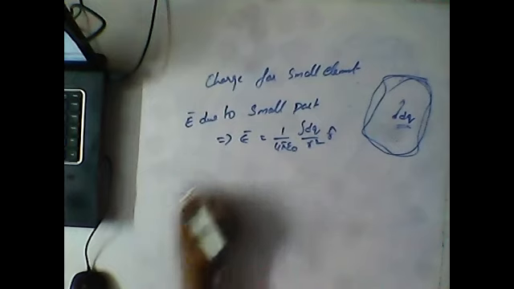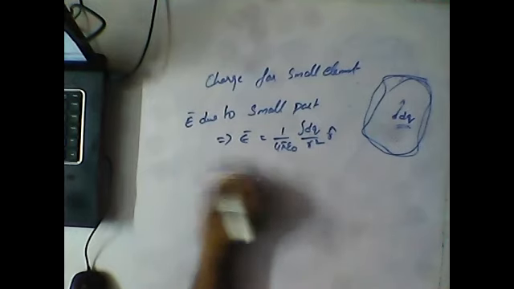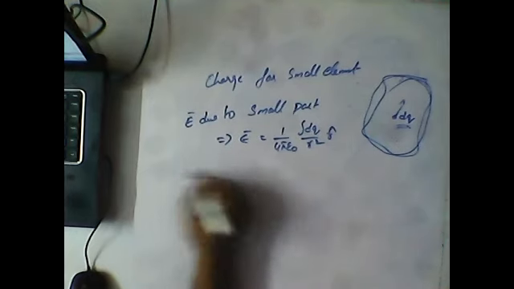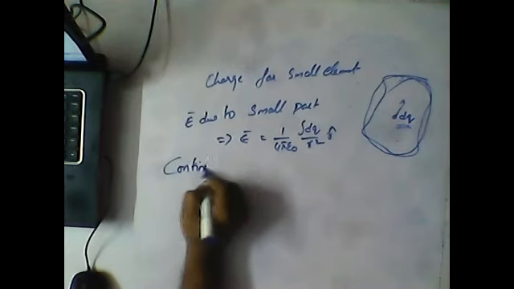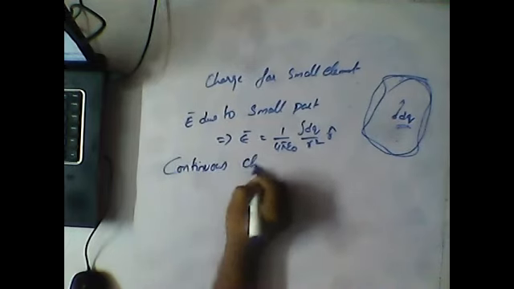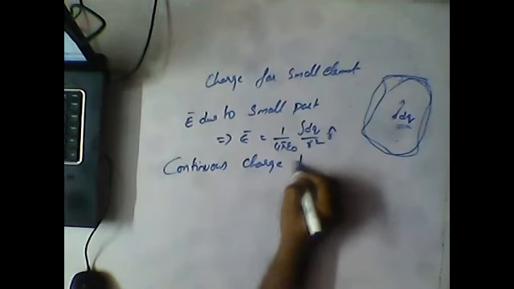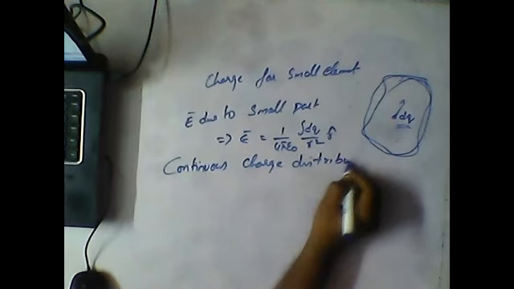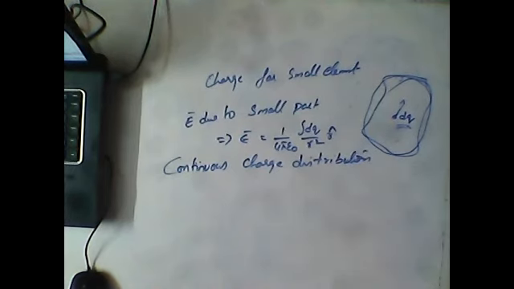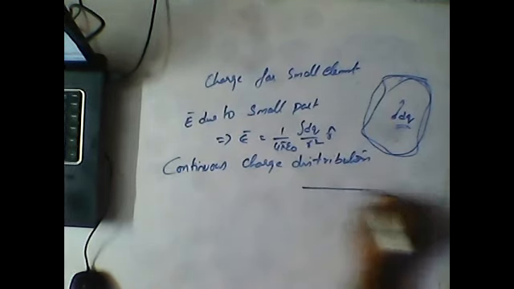Now for a continuous charge distribution, if you clearly observe, this is a line.